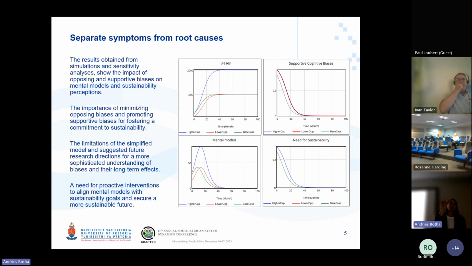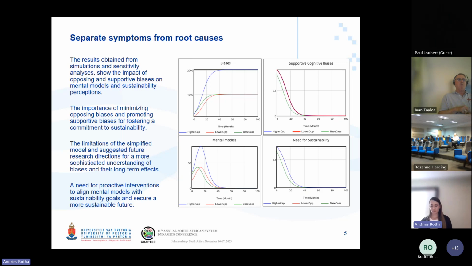When our supporting biases are at a maximum, it doesn't matter if we have a higher capacity for biases. As soon as the opposing biases take over the supporting biases, we diminish the need for sustainability and that perceived need for sustainability.